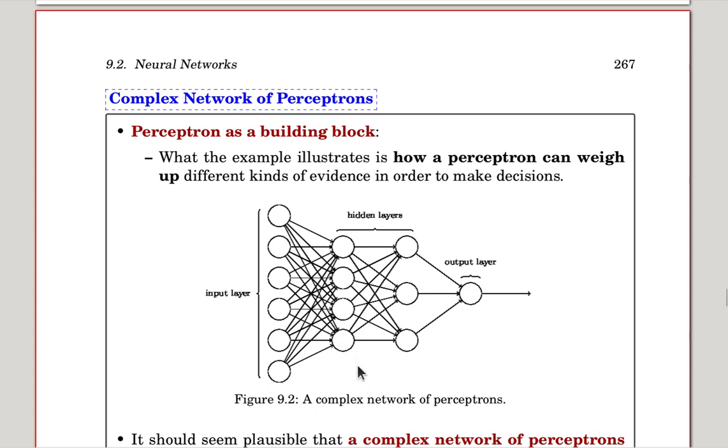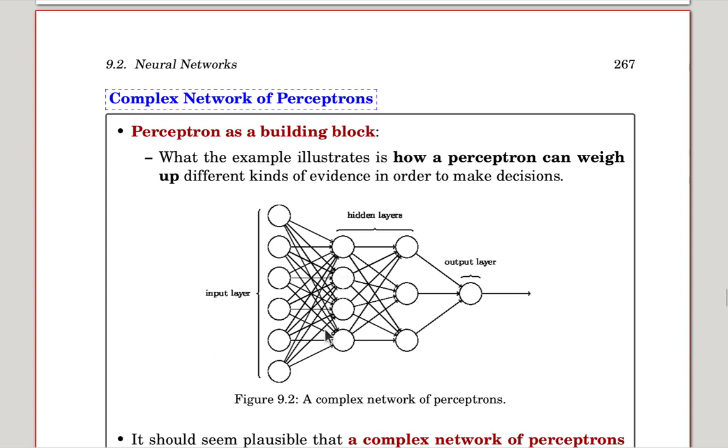If we look at each neuron unit in a layer, the weighting up is exactly a kind of perceptron.